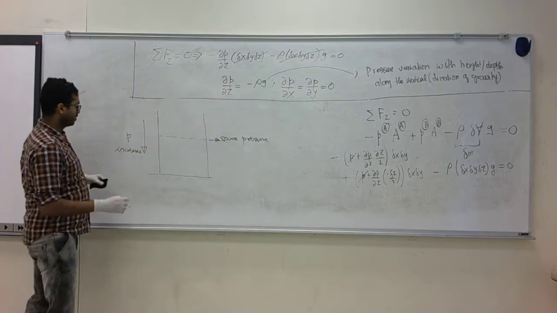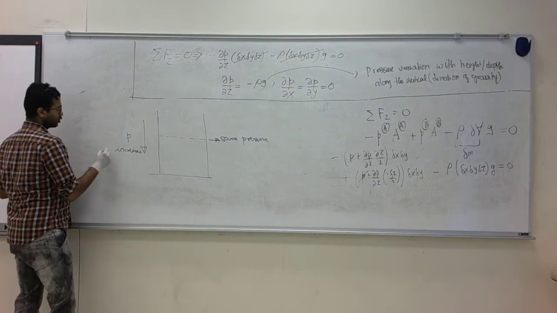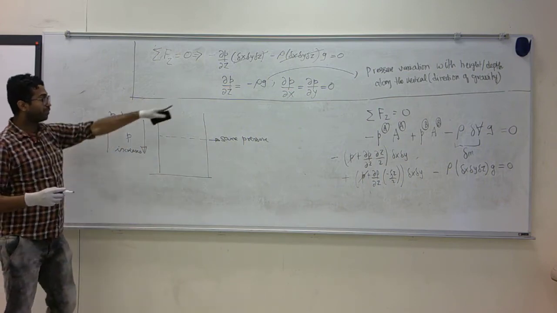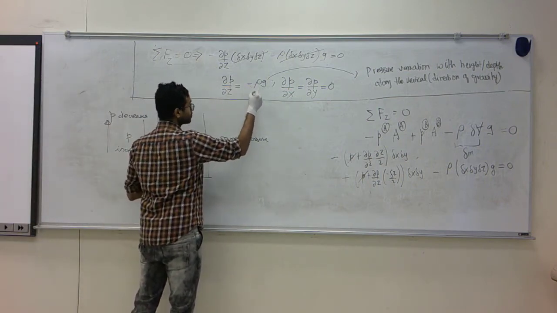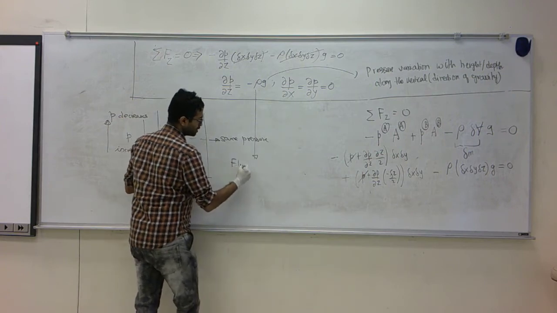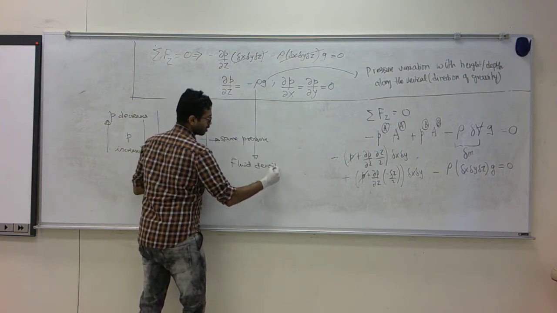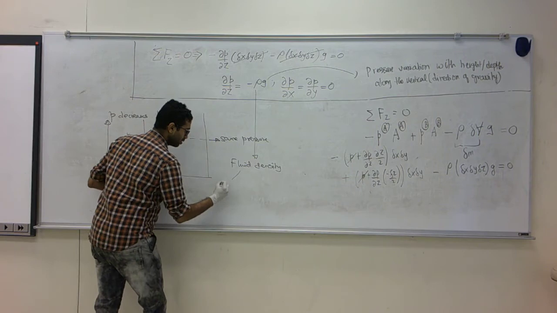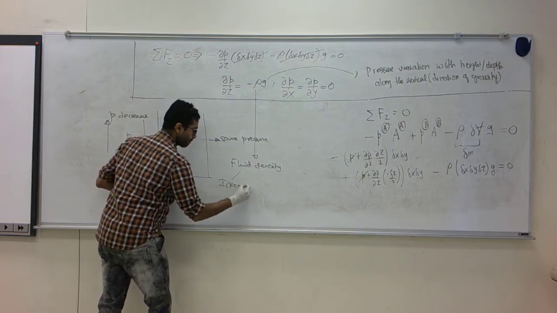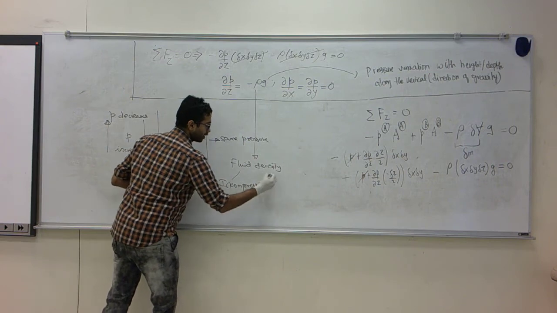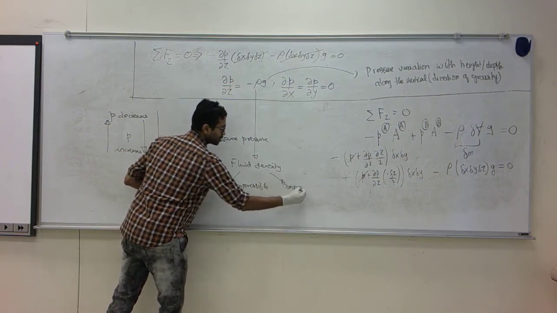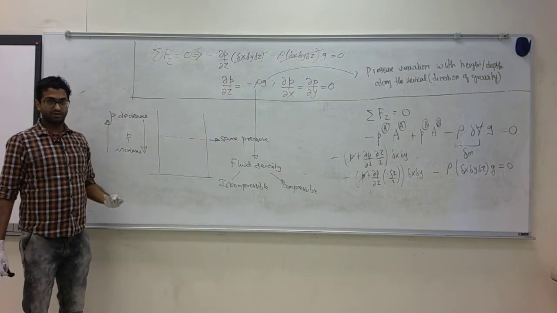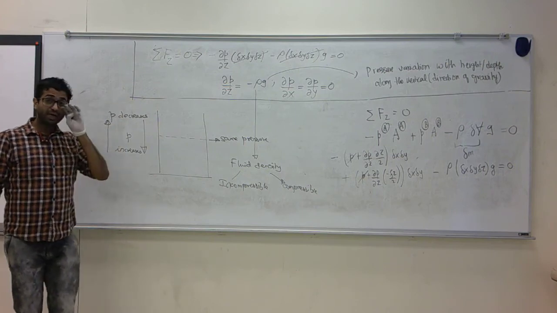So you are going to have higher pressure at the bottom, and as you go in the other direction, pressure is going to decrease. We'll see how that happens, because this variation depends on the density of the fluid, and we saw in the discussion about density that it could be incompressible or it could be compressible. So based on the fluid that you are dealing with, this can lead to different situations or different variations.